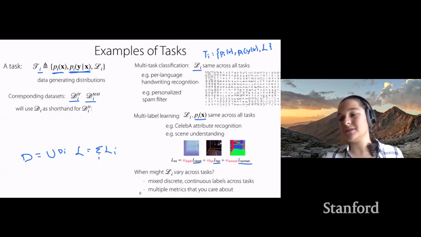So in all these situations, there is a way to turn it into a single task learning problem. And as we'll see in the next few slides, there are scenarios where it's useful to treat it as a multitask learning problem by changing the network architecture in different ways, or leveraging the structure, or changing the optimization.